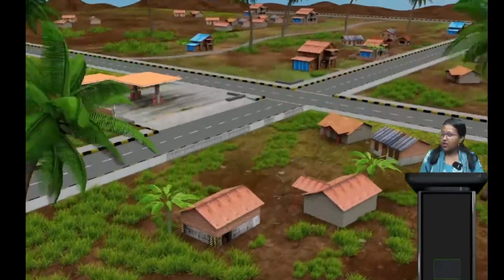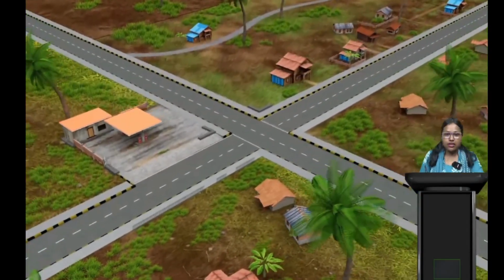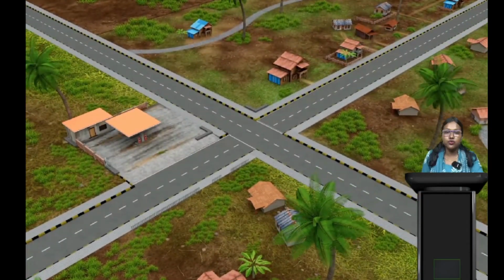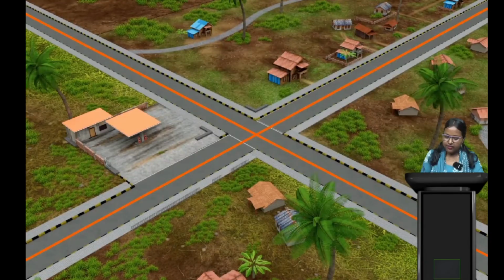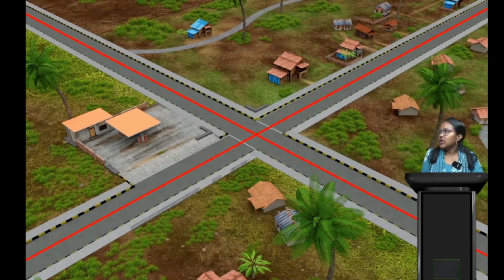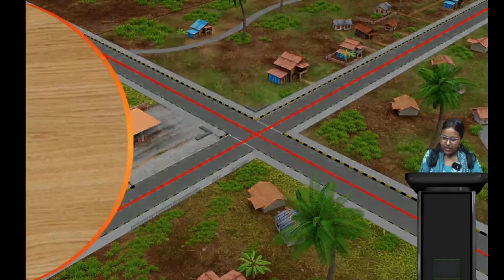Here is the cross connection between two roads. If we consider these roads as lines, both the roads are crossing each other. Means both the lines are crossing each other. We can say this.